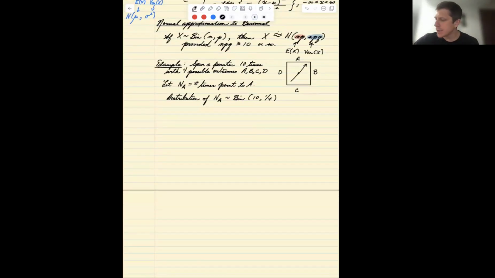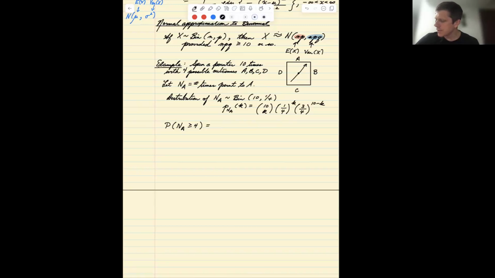And let's say we wanted to ask the question, what's the probability that n sub A is bigger than or equal to 4? Well, we know what the mass function of n sub A is. Remember, it is 10 choose k, p to the k, 1 minus p to the 10 minus k.